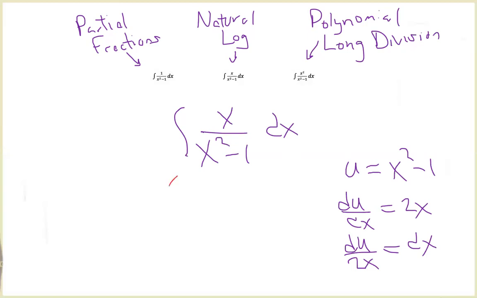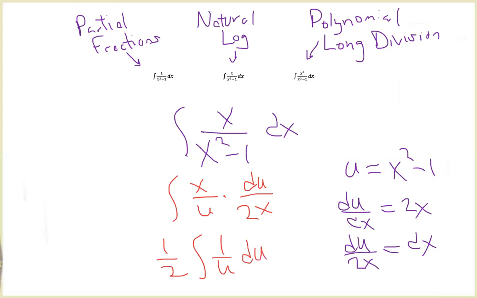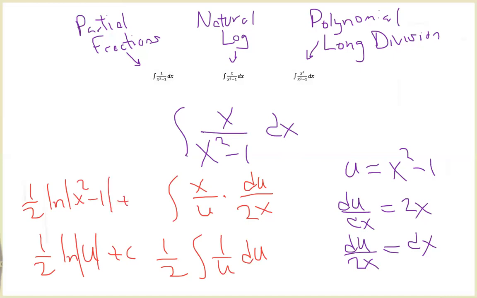What we've got to substitute is x over u times du over 2x, which becomes 1/2 the integral of 1 over u du, which is 1/2 the ln of u plus c, which getting out of that u variable is 1/2 the ln. Oops, don't forget those absolute values. x squared minus 1 plus c.